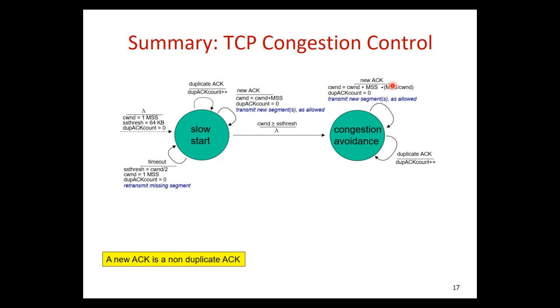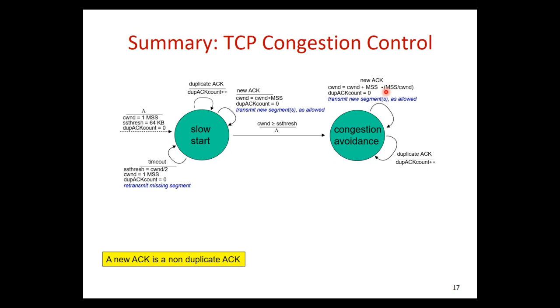This is going to be a linear growth. Instead of adding one MSS at every ACK, it's going to add only a fraction of an MSS, which is MSS divided by CWND, at every ACK.